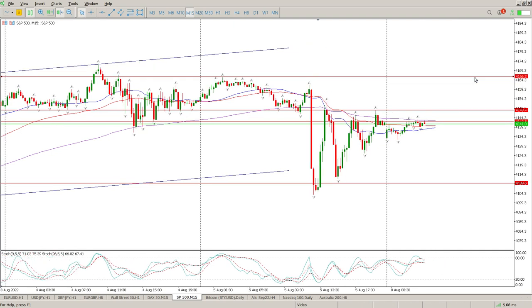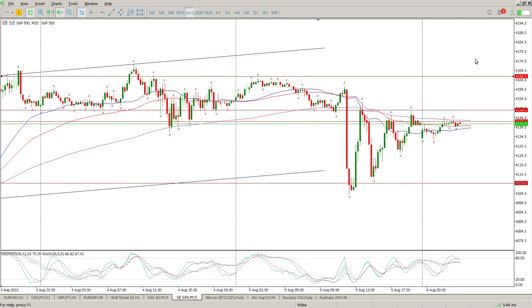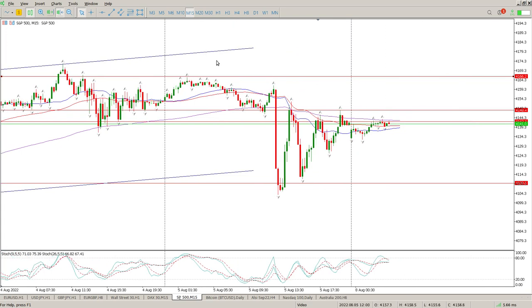That's 4166. Get through that, then 4200 definitely on the cards. And then a move to the downside is going to be a break of the lows that we've got here at 4133. Then you're looking for another retest of 4100 to the downside here. So I think that's the setup that we've got at the moment.